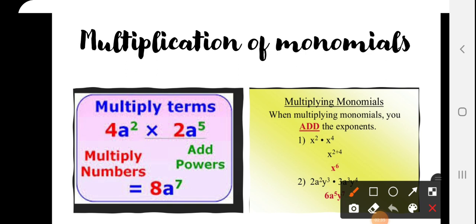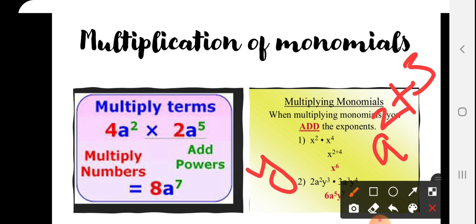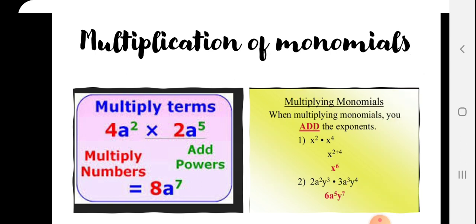You can multiply 2 into 3, that is 6, and a raised to power 2 plus 3, that is a raised to power 5, and y raised to power 3 plus 4, that is y raised to power 7. So your answer is 6a raised to power 5, y raised to power 7.